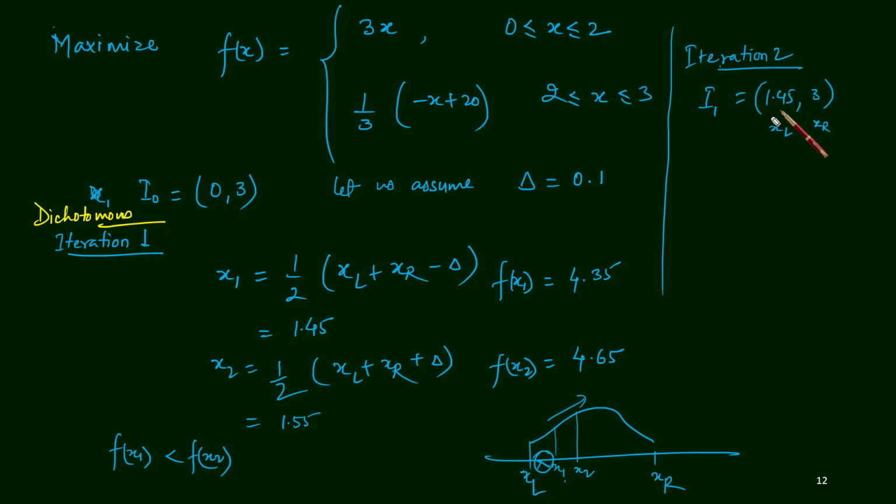See, now we have to look at the termination. When will it terminate, after how many iterations? When the interval becomes very small, the gap between these two becomes very small. In the beginning the gap was 3, 3 minus 0 is equal to 3. Now within one iteration the gap has decreased to 1.55.